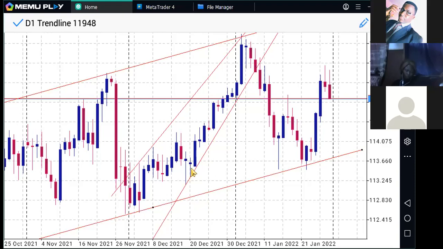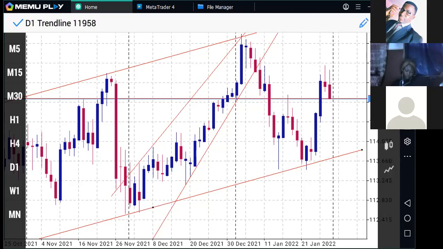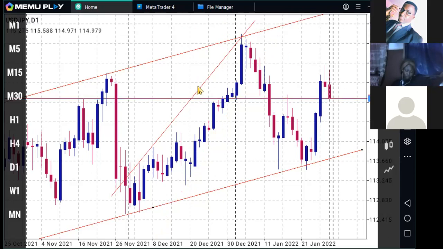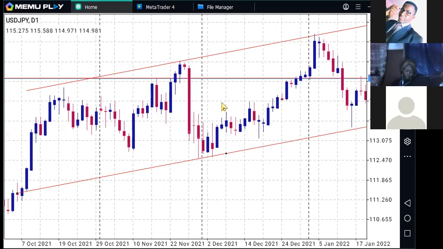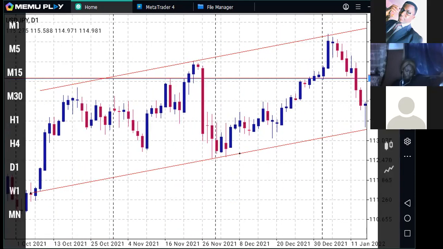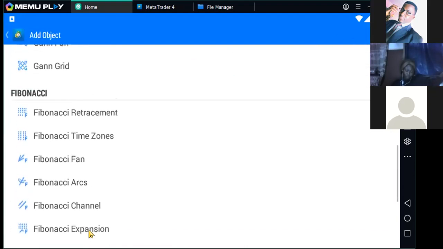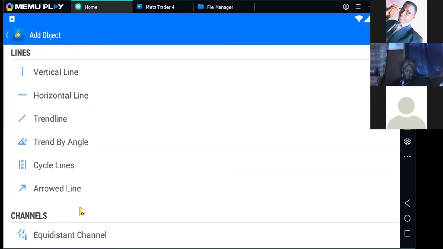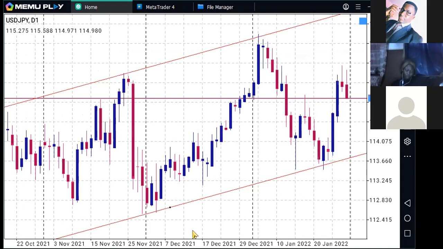I said for the trend line to be valid, let me take off what I drew here. The line I placed here, this is it. Now I have to be sure that I have a touch.